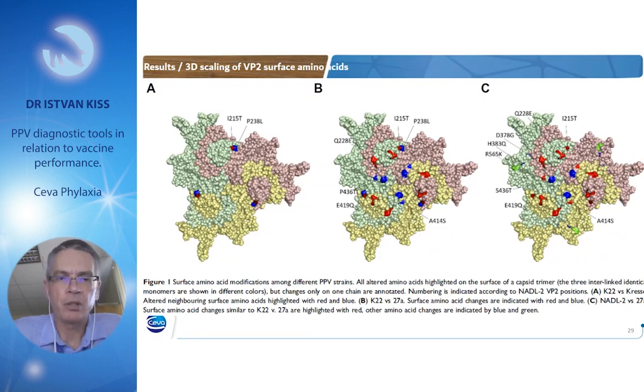So they are important from an immunological point of view. And if you see the others like 27A and K22 or NADL and 27A, there are much more differences than between Cressy and K22. So we took this relatively arbitrary method that we named Cressy-like strain.